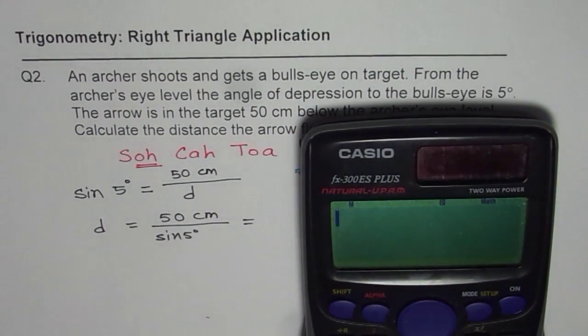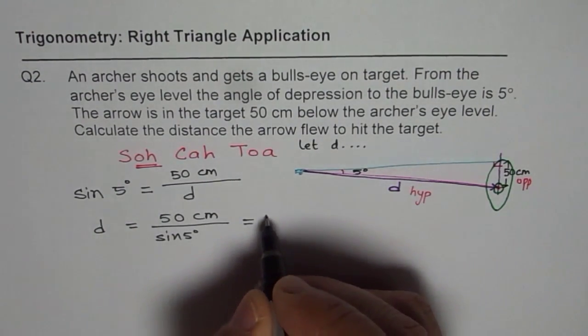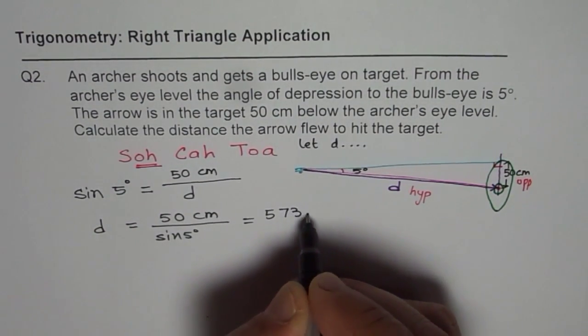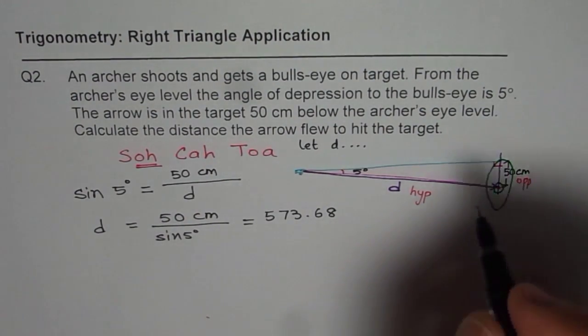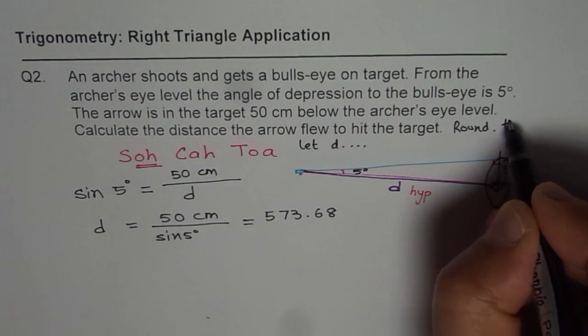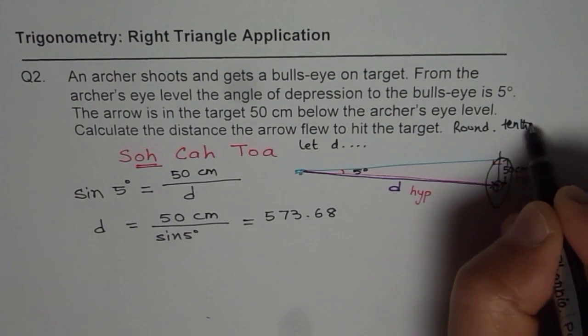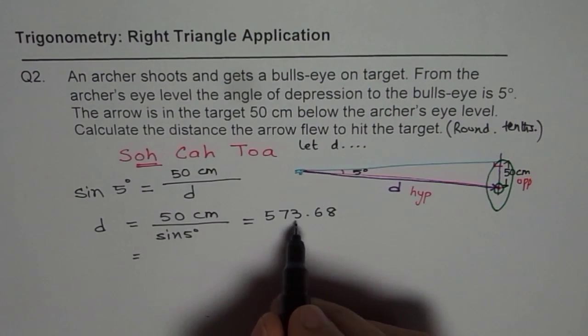So we have 50 divided by sine of 5 degrees equal to 573.68. As I said, we are rounding to one decimal place. Let me write round to tenths. That is what we are doing for this particular series for distance.